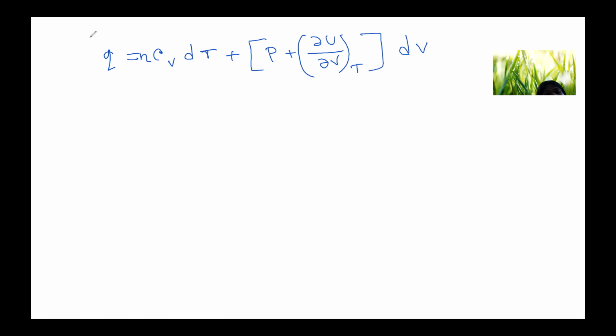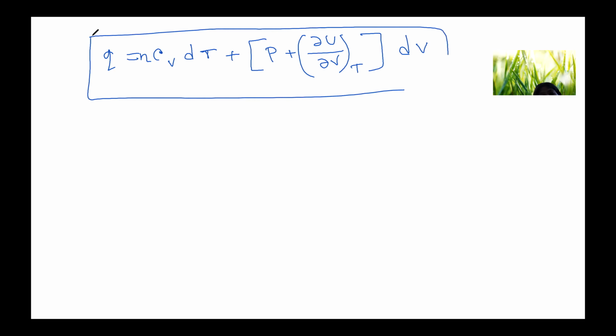This is the mathematical formulation for the first law of thermodynamics: Q equals nCv dT plus [P plus (∂U/∂V) at constant T] dV. Please do watch that lecture.